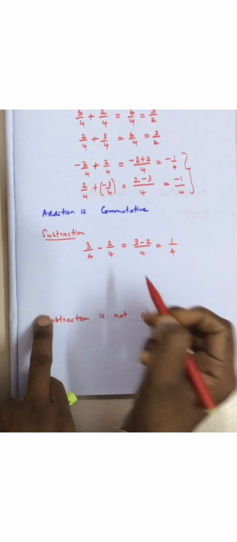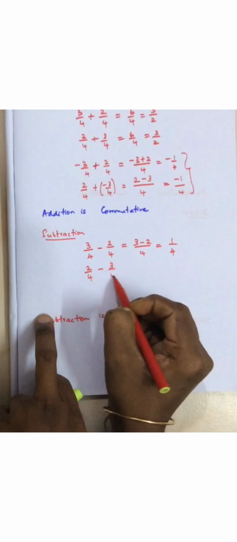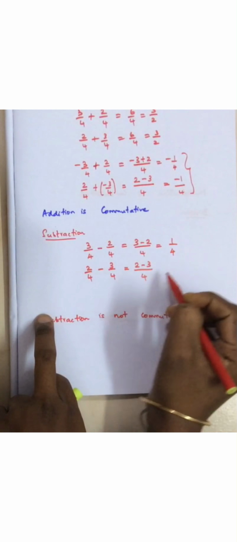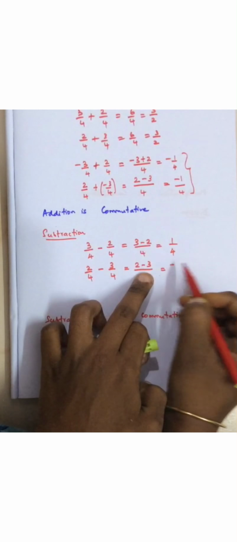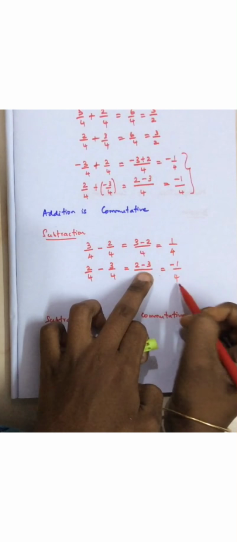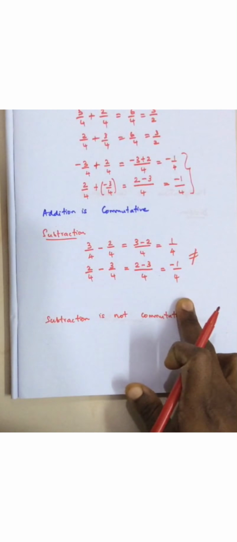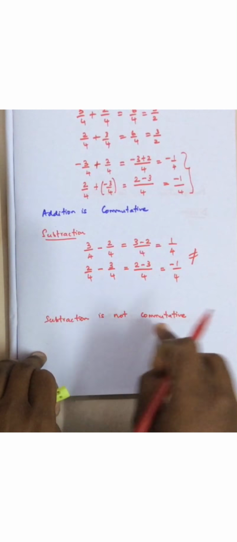Now I am going to interchange: 2 by 4 minus 3 by 4, which will give 2 minus 3 by 4. Here the greater number comes with minus, so minus 1 by 4. So 1 by 4 is not equal to minus 1 by 4. So what we can say is subtraction is not commutative.